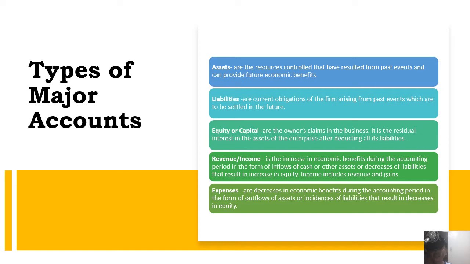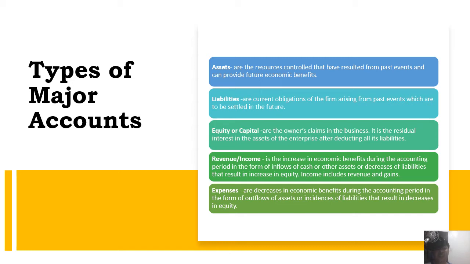Income includes revenue and gains. So, ano ang revenue? Ito daw yung mga increases in economic benefits. Ano yung economic benefits? Yan yung assets. So, ibig sabihin, pag nadagdagan yung assets mo, pag nadagdagan yung properties mo, mayroong income or mayroong revenue sa business.